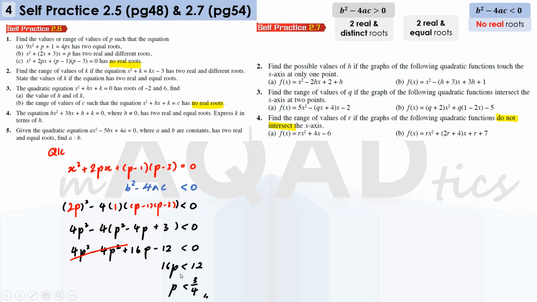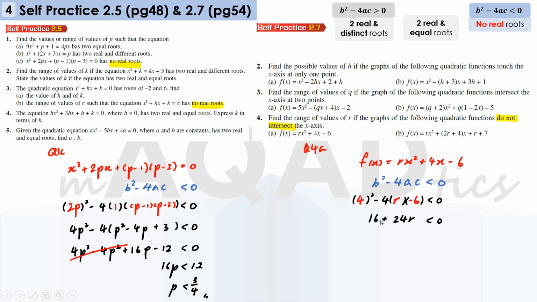You'll get p is less than 3 over 4. And for practice 2.7, question 4a, this one also is arranged quite well. a is r, b is 4, c is negative 6. Substitute inside this equation, and then we simplify. So 16 we move to the other side, and 24 we divide. Simplifying, you'll get r is less than negative 2 over 3.